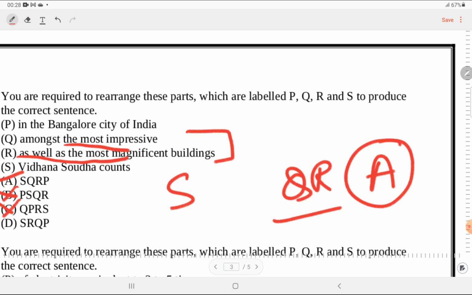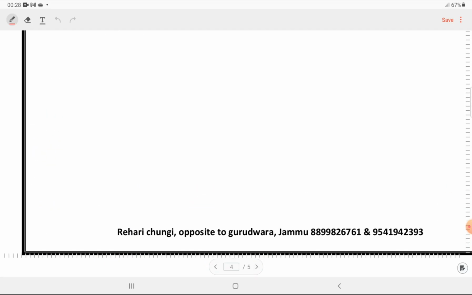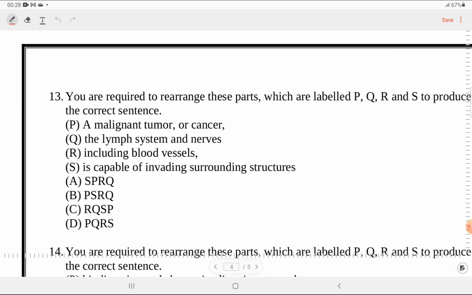Let's go for 13th. A malignant tumor or cancer, the lymph system, including blood vessels.